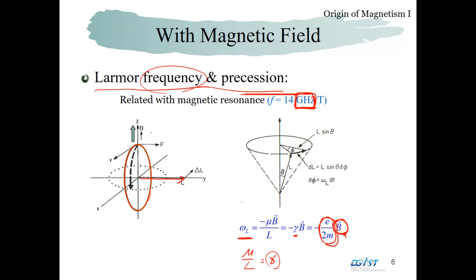And because of the magnetic field, there is some force exerted here, and as a result, the electron is changed a little bit. Then the direction of L is changed a little bit in this direction, and so on. So this circle represents the end of the angular momentum because of the precession.